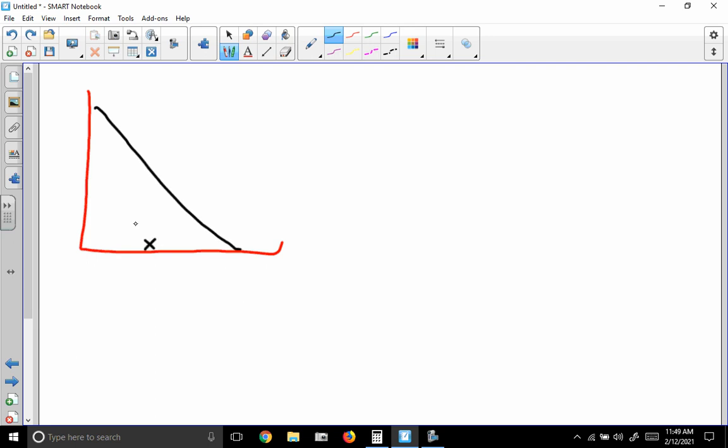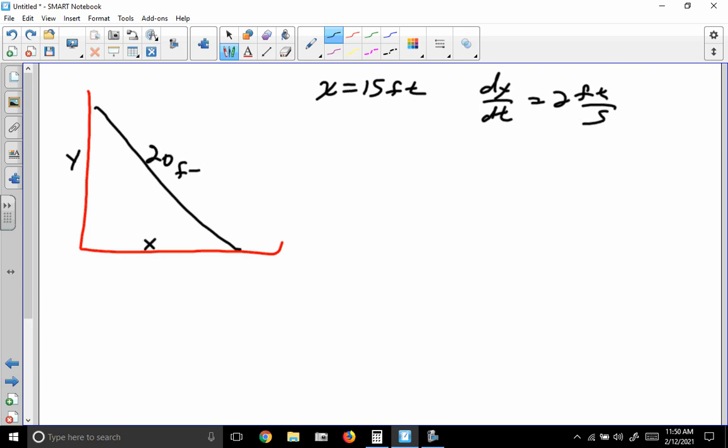Let's still look at the specific moment when x is 15. dx dt is still going to be 2 feet per second. Our ladder is still 20 feet long. We found out that at this instance, dy dt is negative 2.27 feet per second, and we talked about why that's negative, because if this is sliding down, y is getting smaller. And we also said that y is the square root of 175.